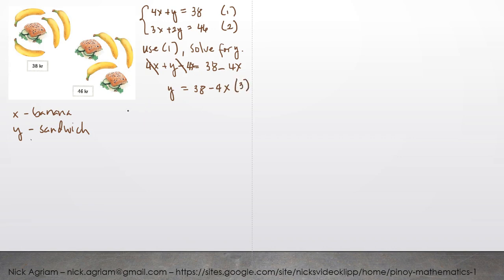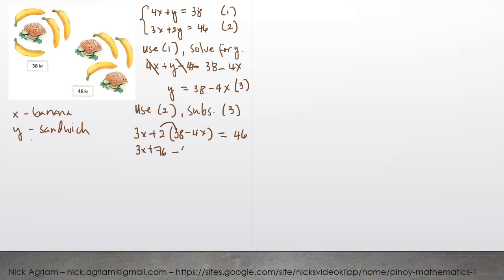We chose 1, so we're going to choose number 2 this time. So use number 2, substitute 3. So we have 3x plus 2 times our y, 38 minus 4x, is equal to 46. 3x, we multiply. 38 times 2 is 76.